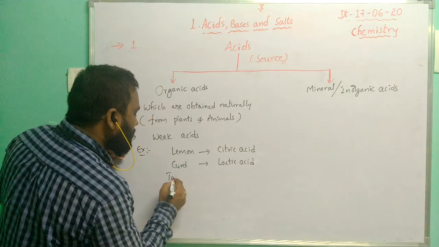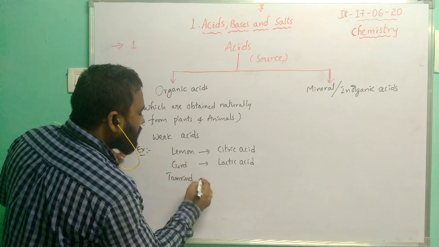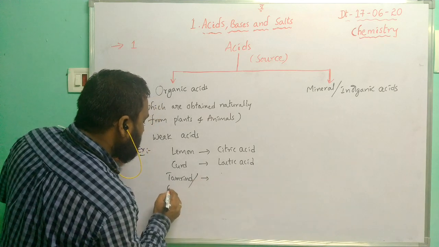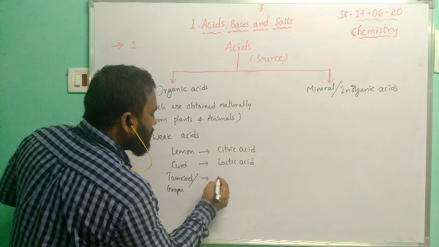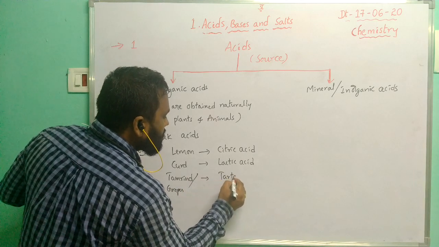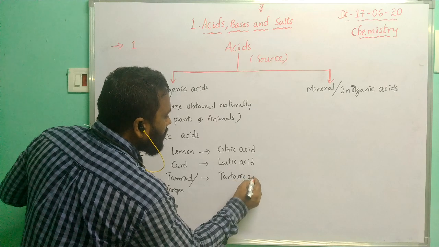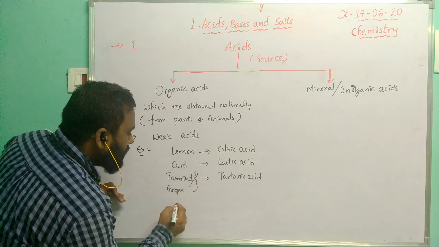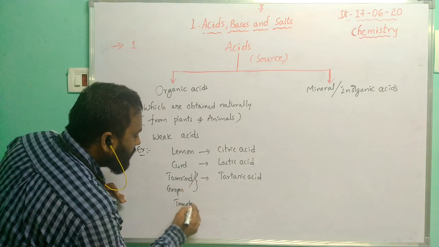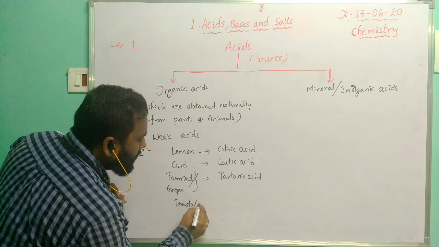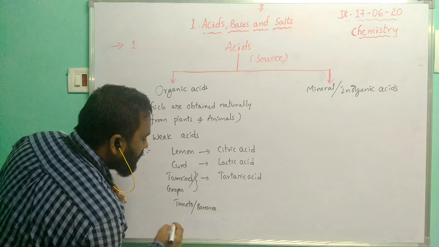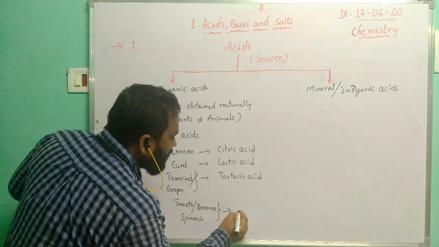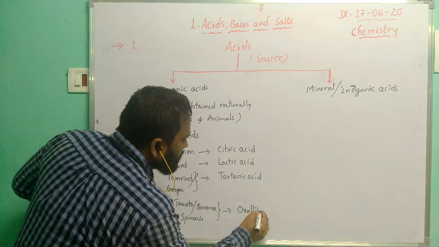Tamarind and also grapes contain tartaric acid, and tomato and banana and spinach all contain oxalic acid.